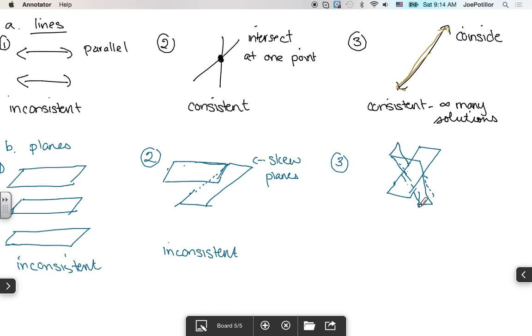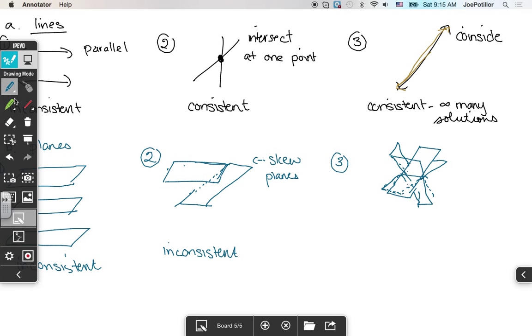I've got to be the worst artist in history. And the point or the line where they all intersect is, of course, the solution to the problem.